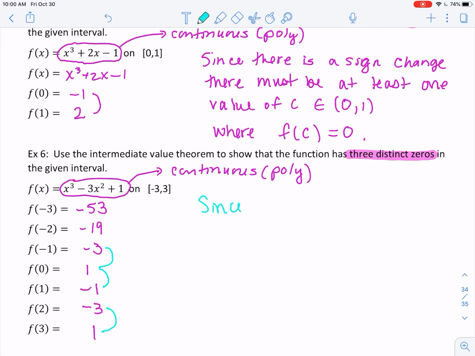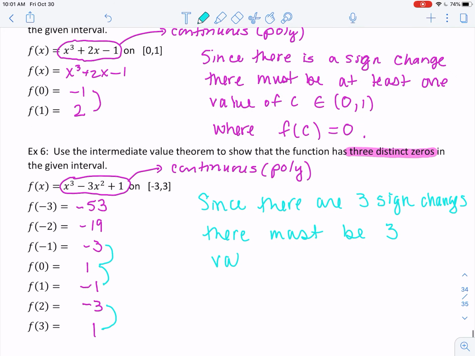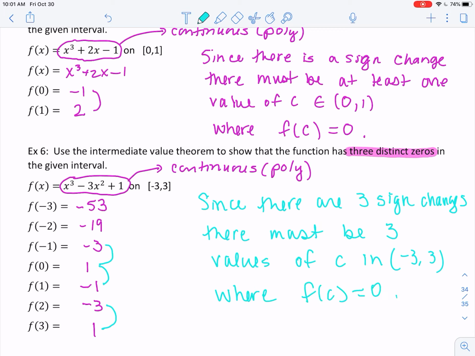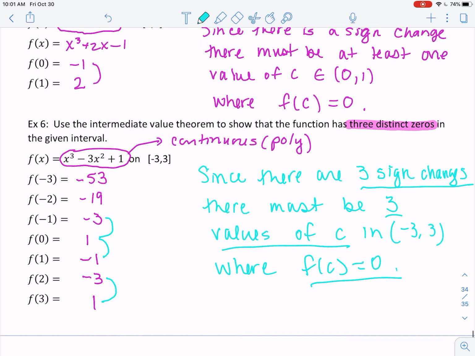So since there are 3 sign changes, there must be 3 values of c in the open interval -3, 3, where f of c is equal to 0. 3 sign changes, 3 values of c where the function is 0. All right, and so that concludes Unit 2.